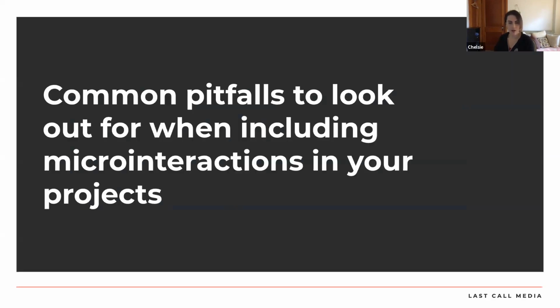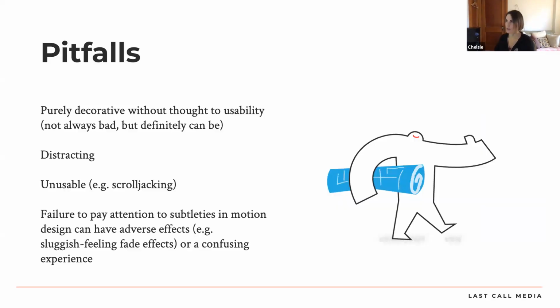So accessibility aside, there are some common pitfalls to look out for when including microinteractions in your projects. These are, I think, the most common ones. There are more than this, but obviously, as we've said, if something's purely decorative without thought to usability, it's a good idea to really make sure that it's not going to be in the way.